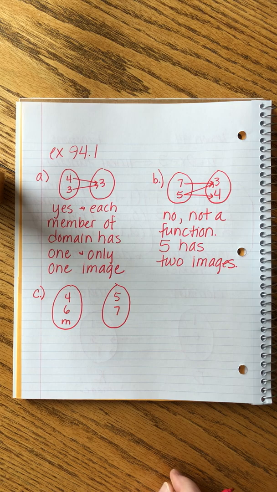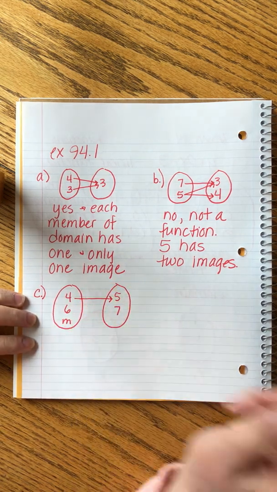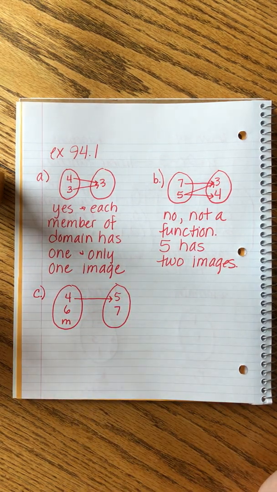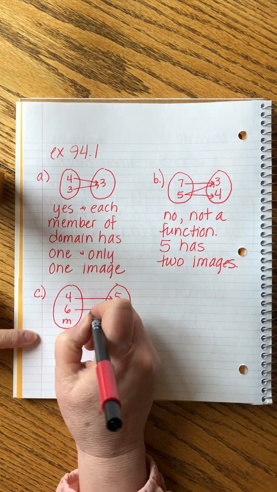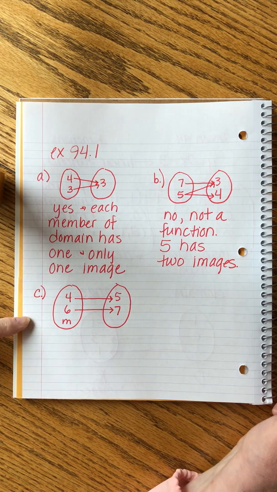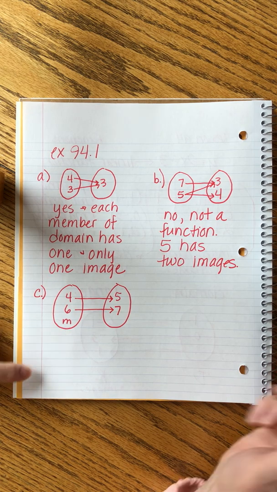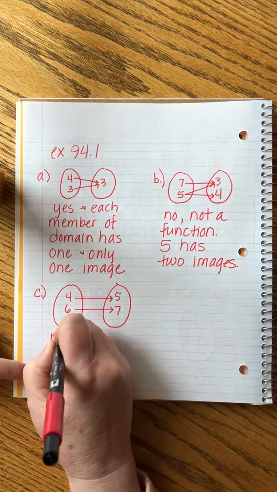Give you a second to catch up. This is the way the arrows go on this one. 4 is paired with 5. Beautiful. That's good. 6 is paired with 7. Perfect. Those are good images for both of them. The cheese stands alone. M does not have a buddy. So no, this is not a function.